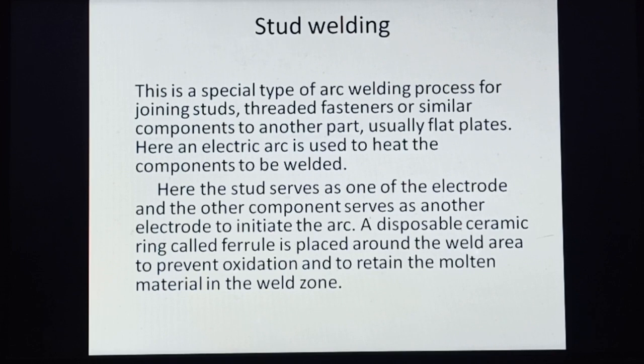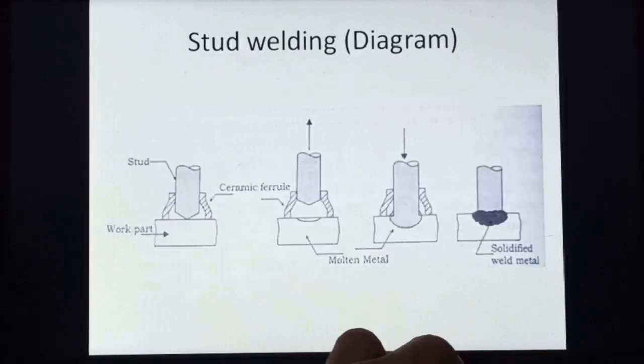Here, the disposable ceramic ring, called a ferrule, is placed around the weld area in order to prevent oxidation and to retain the molten material in the weld zone itself. This is a diagram.